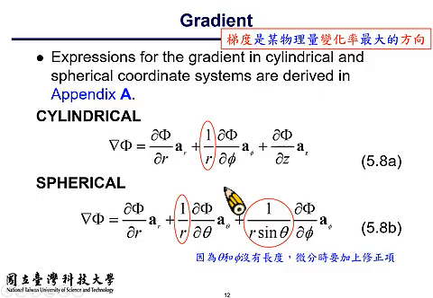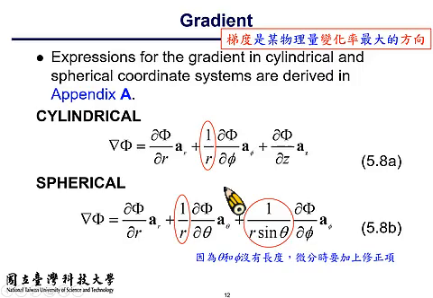Okay? The consequence of this coupling is some extra parameters in the gradient operation in the cylindrical and spherical coordinate systems. So you need to be aware of that.